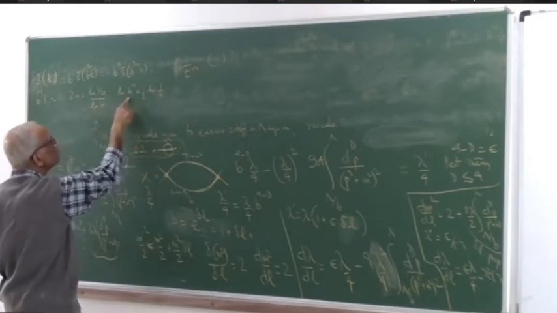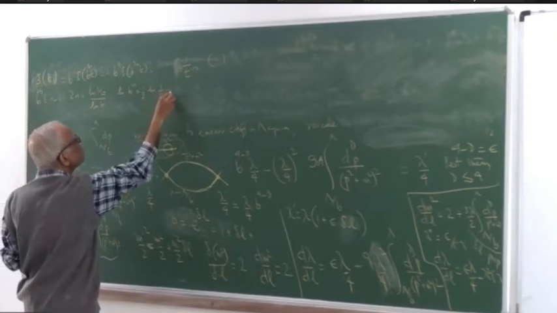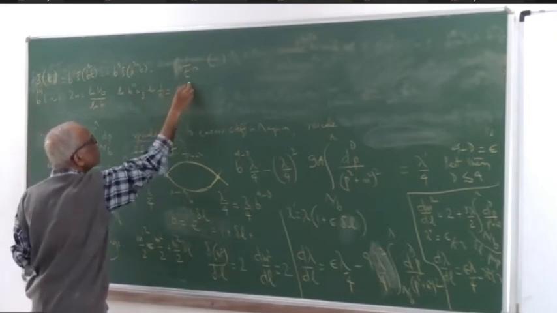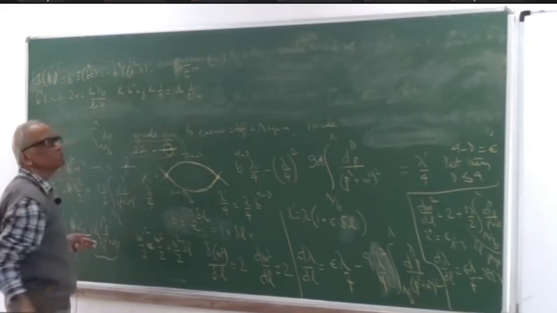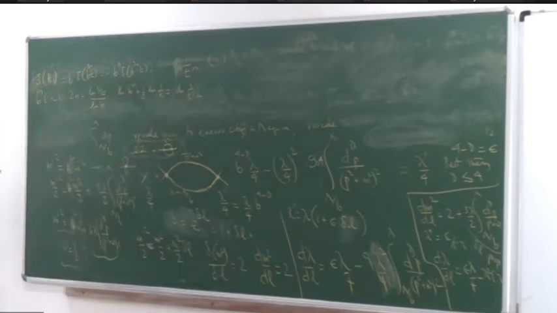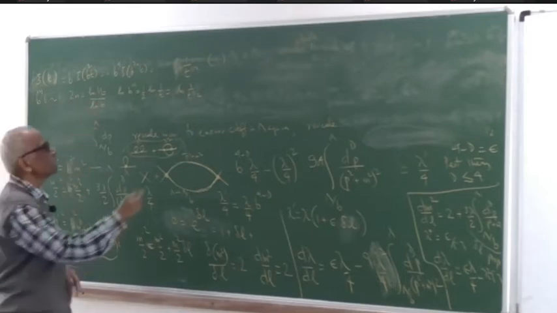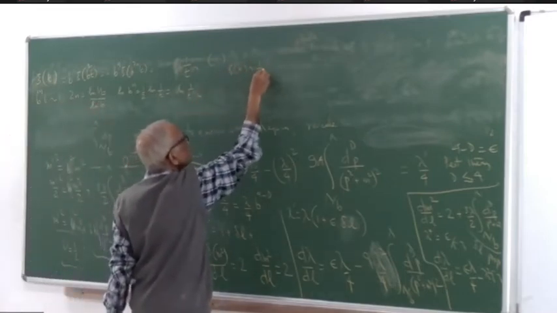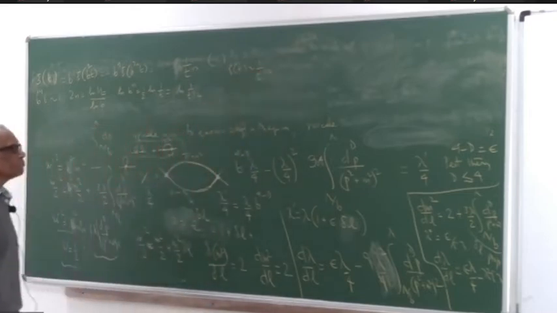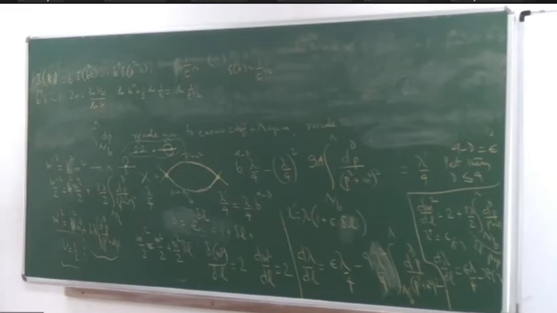It is b to the power n. So b to the power n is like 1 over t to the power half. So xi of t goes as, so xi of t is proportional to 1 over t to the power half. So that's what the correlation function is doing.